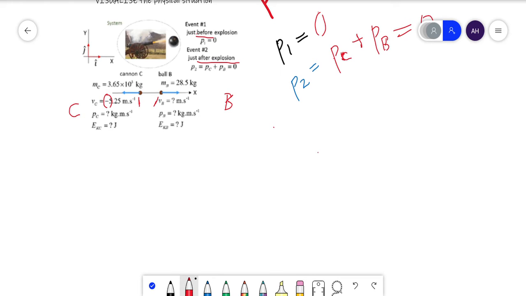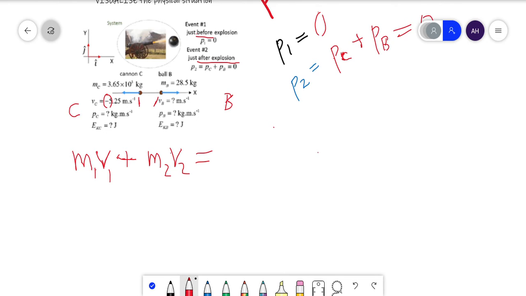We know that the mass of the first object, the cannon, times its velocity on leaving, plus the mass of the second object, which is the ball, times its velocity leaving, is equal to the initial momentum total.